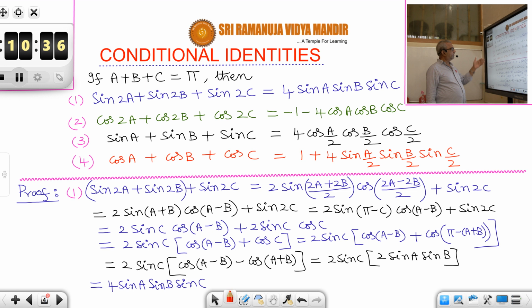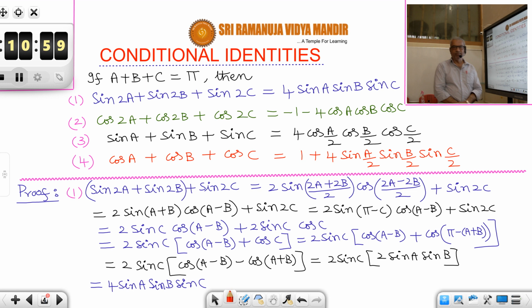So what are the 4 identities? Let us see. If A plus B plus C is equal to pi, that means pi radians, that means A plus B plus C is equal to 180 degrees. That means these identities are true for angles of a triangle, because in a triangle also A plus B plus C is 180 degrees.